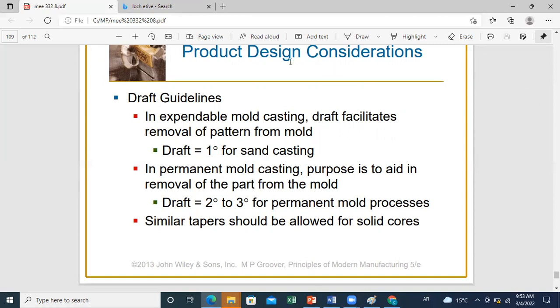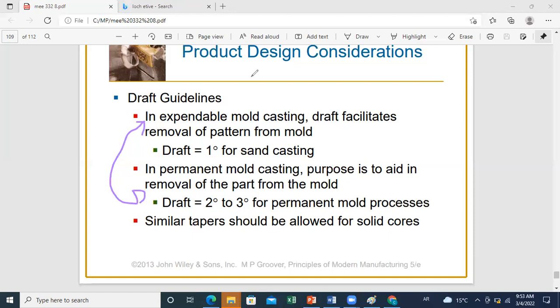The value of draft will depend on whether it's an expendable or permanent mold. In an expendable mold, where you will destroy the mold at the end, it's fine if you just do 1 degree of draft in sand casting. However, in permanent mold casting, because you need to use the mold several times, you can use a draft of up to 2 to 3 degrees in order to facilitate the opening of the mold.